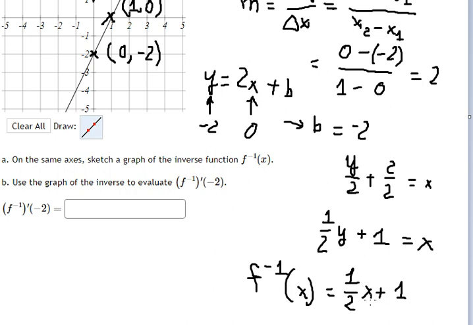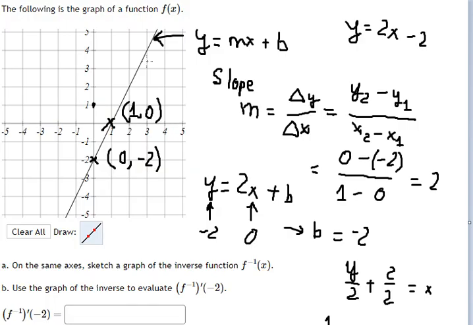Because 1 over 2 multiplied by 2, we have 1 plus 1. So that should be this location in here. And we connect 2 points. And this is the graph of this one.